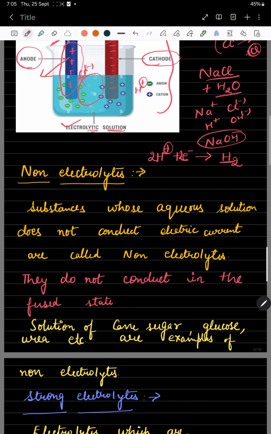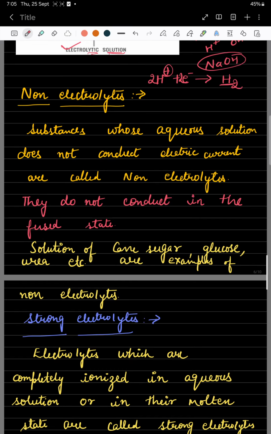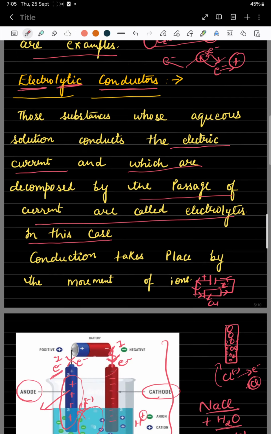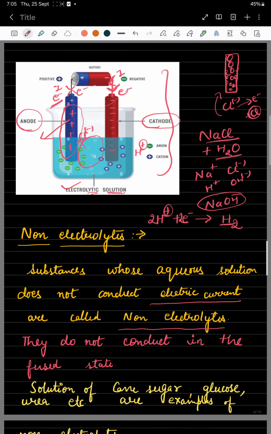Now, non-electrolytes. What is the meaning of non-electrolytes? Substances whose aqueous solution does not conduct the electric current are known as non-electrolytes. They have no capability to conduct the electric current. Why are electrolytic conductors capable of letting electricity pass through them?